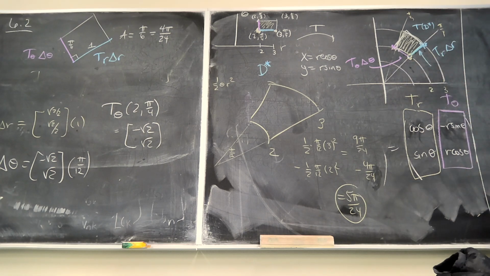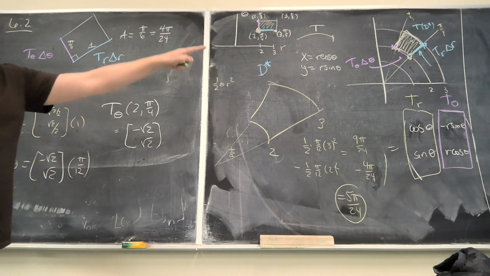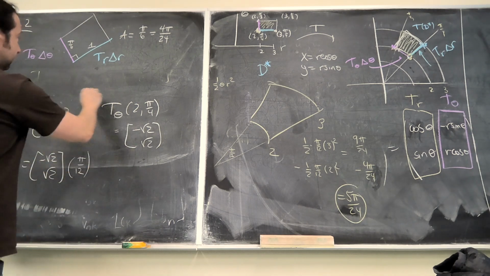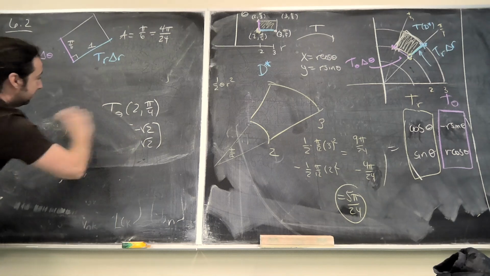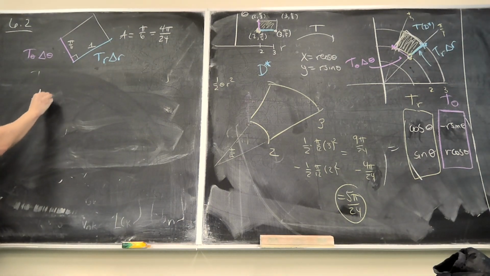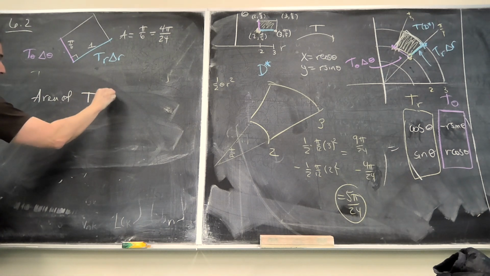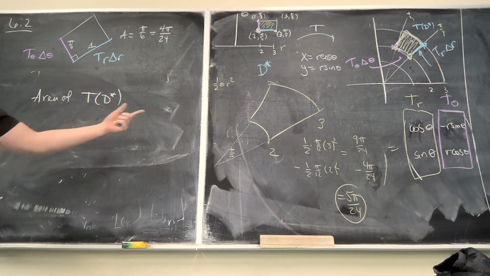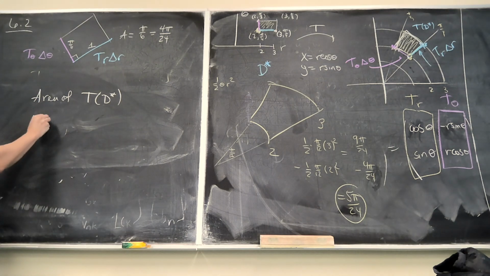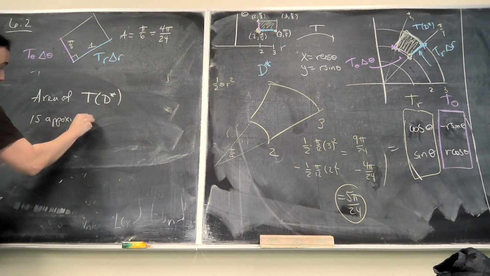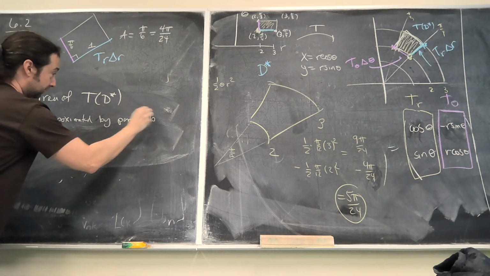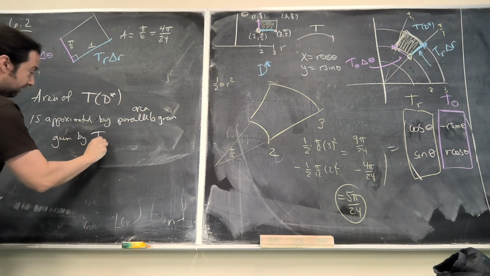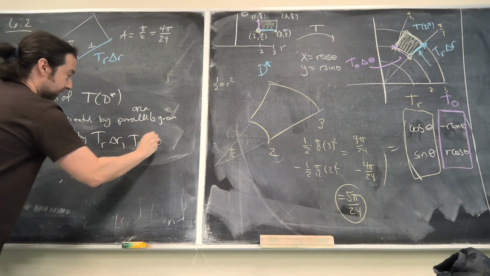So essentially what this is demonstrating is that the area of that region, so dx dy, is about equal to, so I guess really what we've demonstrated here is that the area of T of D star, the area of that initial region, is approximated by the area of the parallelogram given by tr delta r and t theta delta theta.